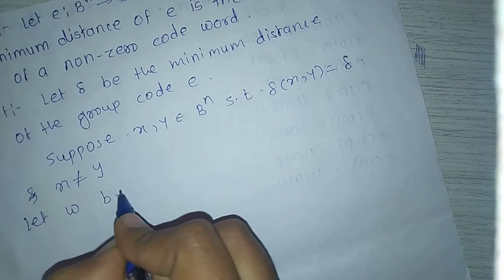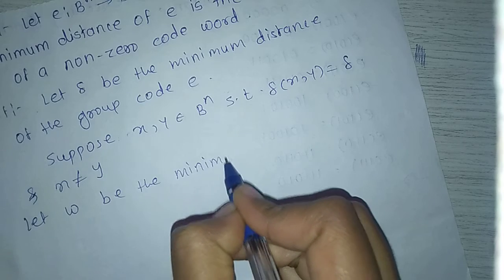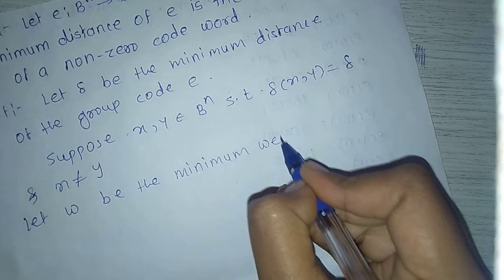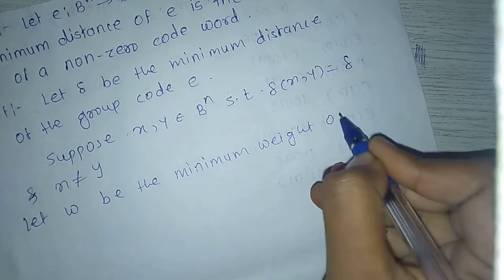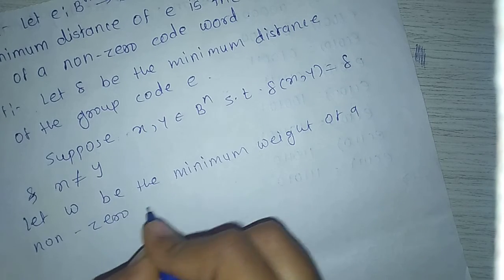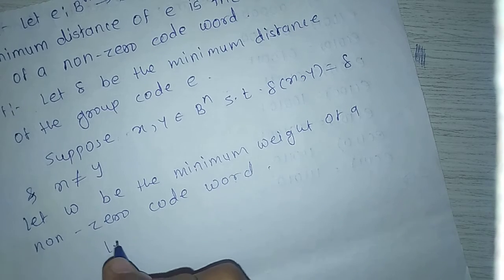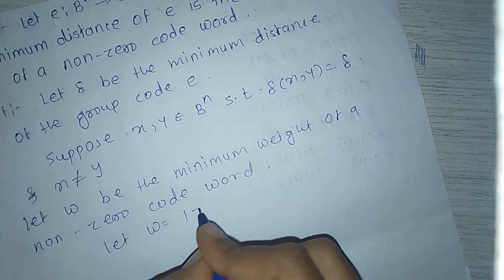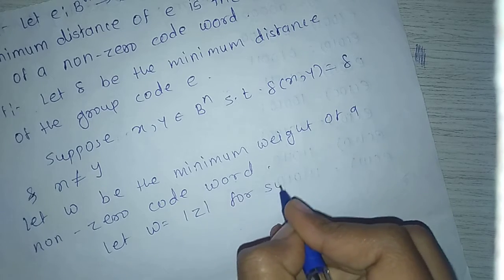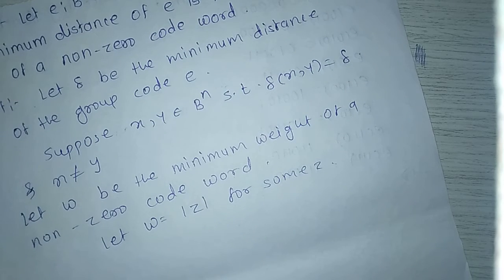Let w be the minimum weight of a non-zero code word. Let w equal to mod z for some z, and z is a non-zero code word.